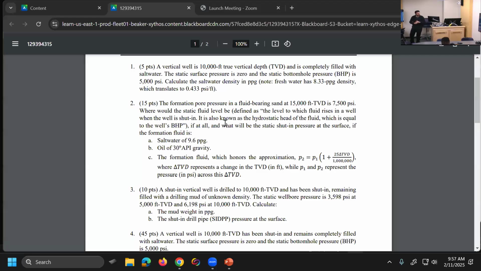So you might be able to do it with just 1 equation, but what I do normally to solve this is I know to go from 5,000 to 10,000, I gain this minus this psi, which means how much the density should be to take me from there.